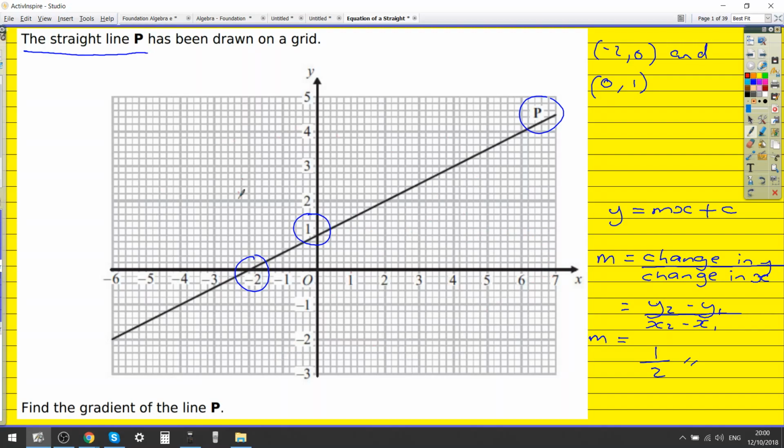And actually, so this one we said the gradient was a half. What is the equation of this line? Y equals half x plus 1. Well done. And another line has the same C, but it's perpendicular.